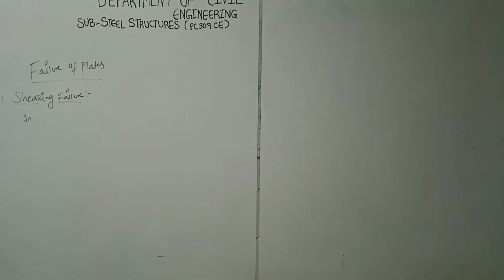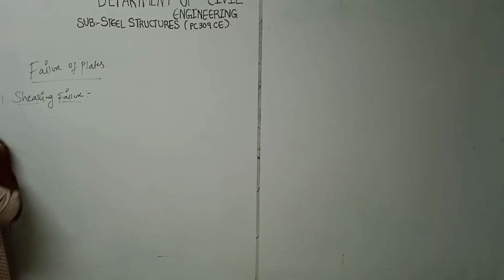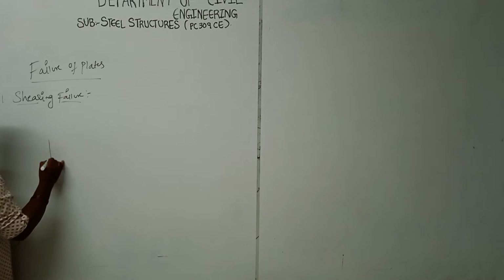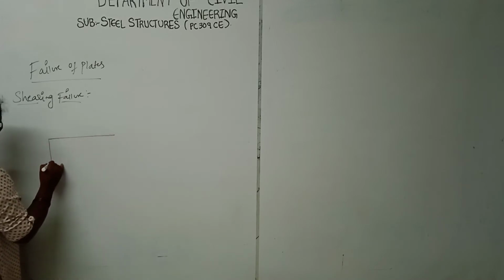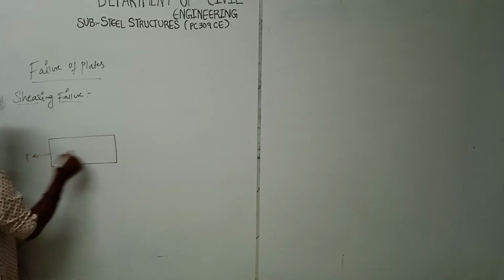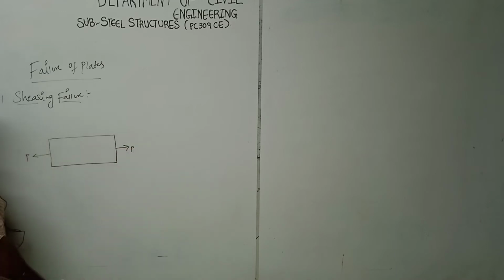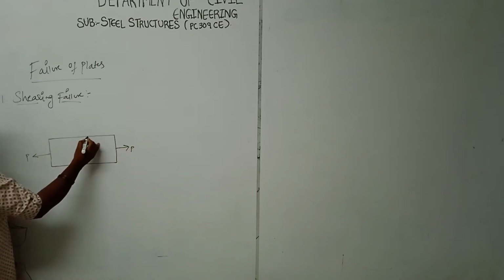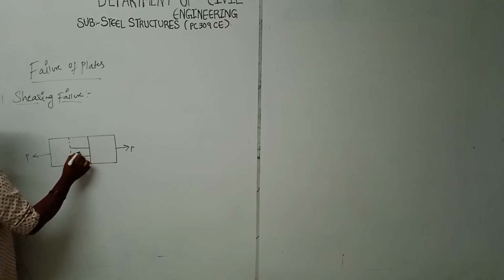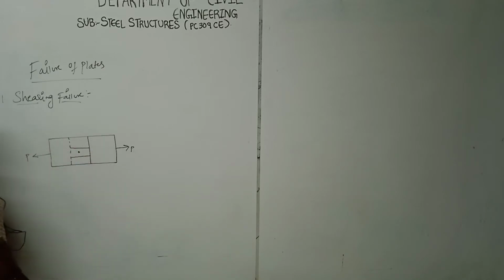Next one is the failure of plates. In failure of plates, the first one is your shearing failure. In shearing failure, what will happen? See here, this is your plate. What happened in this failure?